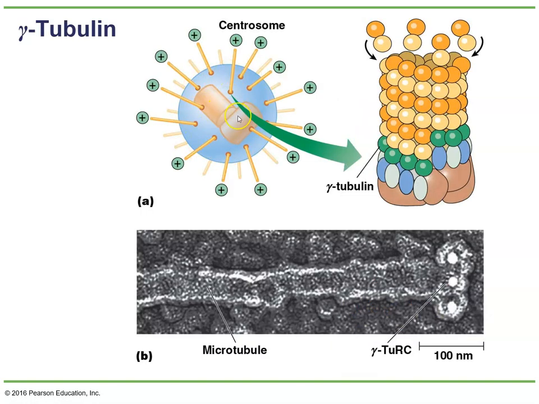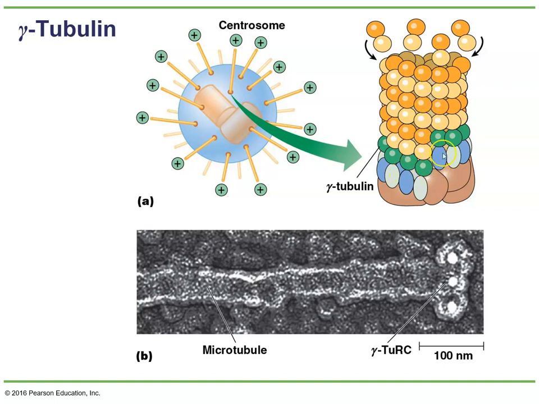These microtubule organizing centers, or centrosomes, typically have large protein complexes in them, and they contain gamma tubulin. Gamma tubulin is only found in centrosomes. Here you can see this organizing center. These gamma tubulins help to nucleate, or seed, the assembly of new microtubules.